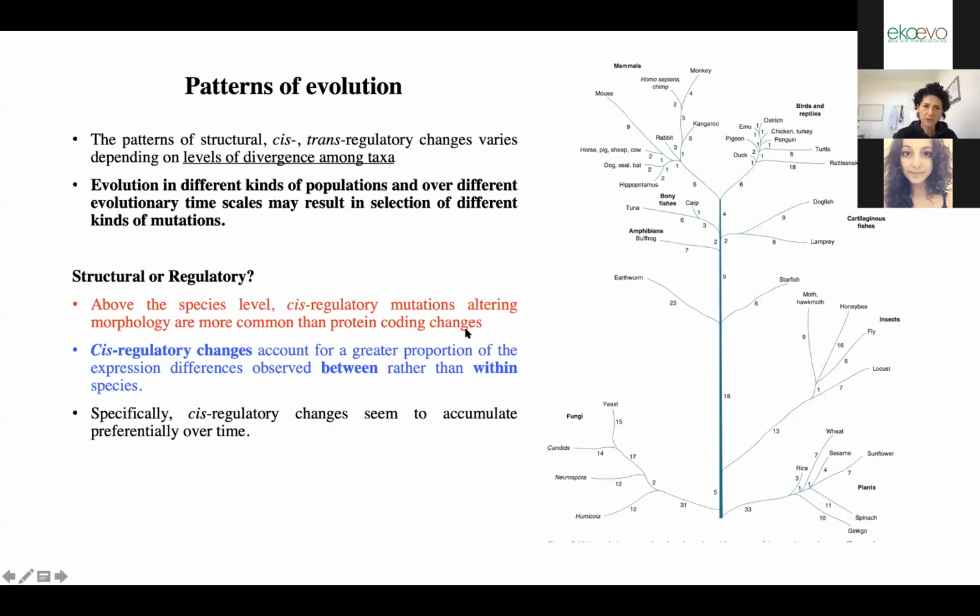So it's a pattern of evolution. The pattern of structural, cis or trans-regulatory changes varies depending on the level of divergence among taxa. Evolution in different kinds of populations and over different evolutionary time scales may result in selection of different kinds of mutations.